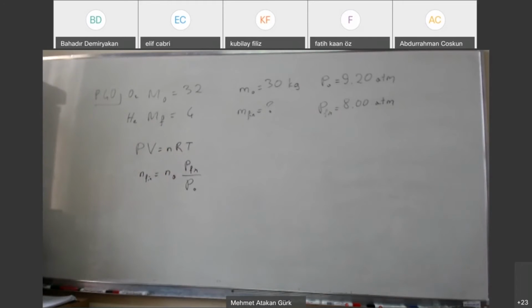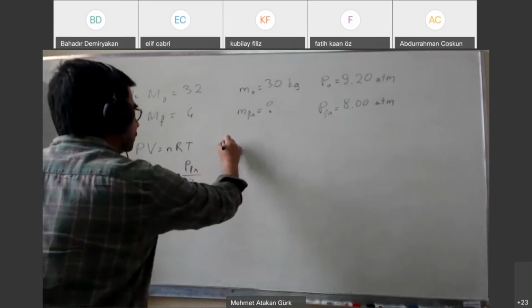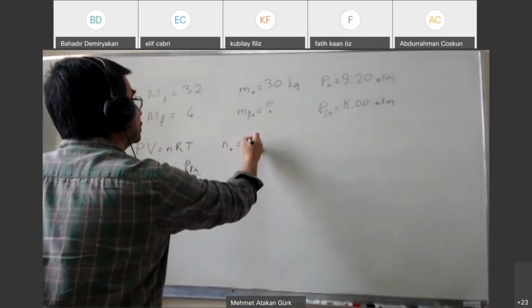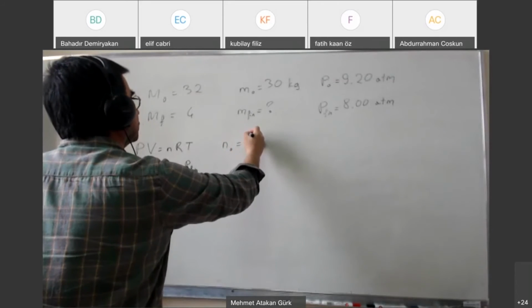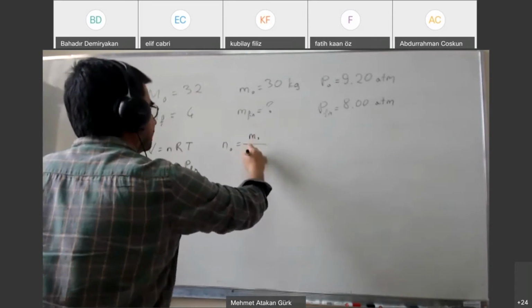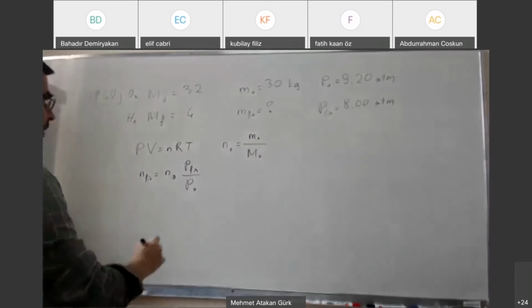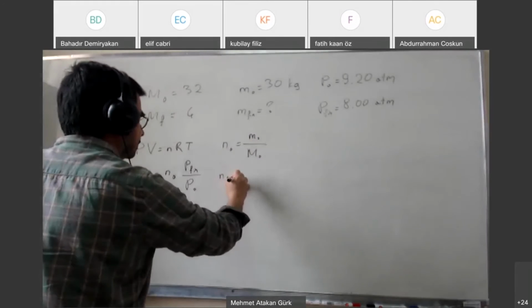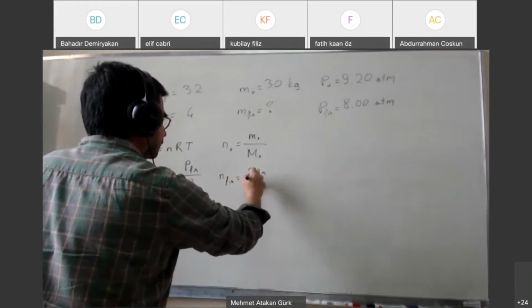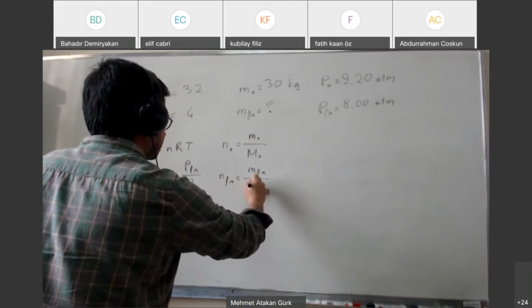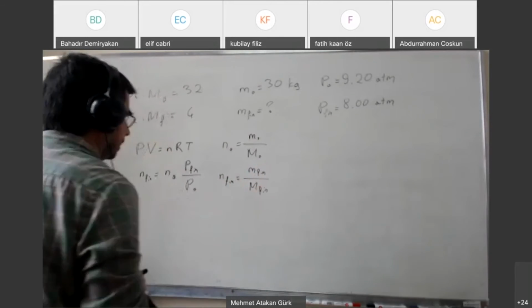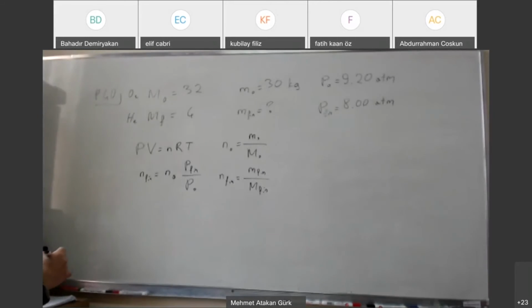Okay, but what is n0? n0 is just going to be m0 divided by capital M0, right? And n final is going to be m final divided by capital M final. So I can put those in as well.